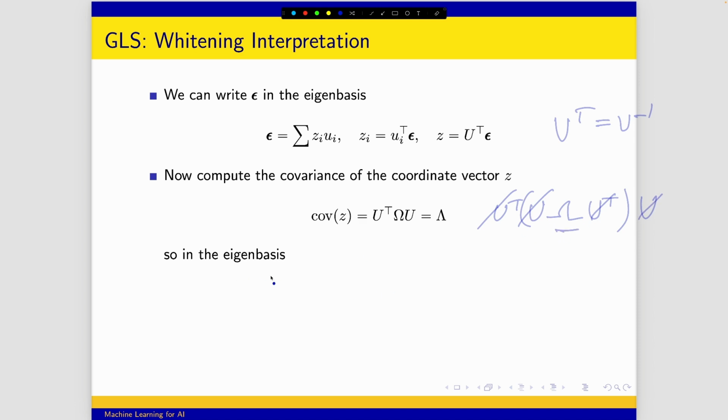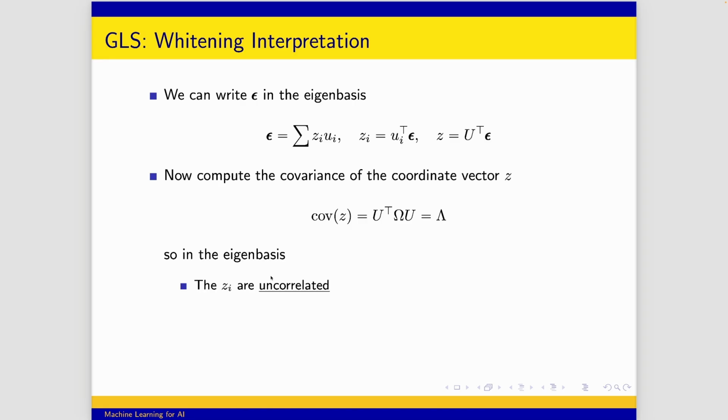So in the eigenbasis, what happens? This is why the eigenbasis is the natural basis in which to express the error. Because in that basis, if we write epsilon in terms of the u_i's, the coefficients in that basis, the z_i, are uncorrelated. This is a diagonal matrix. So the off-diagonal terms are 0. That means these are mutually uncorrelated.